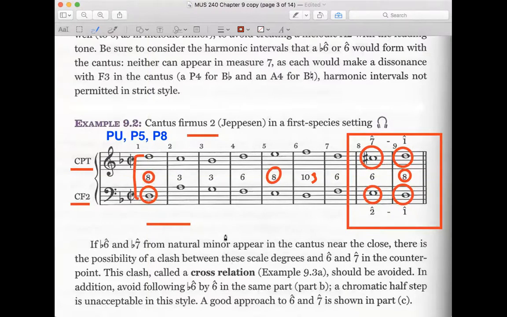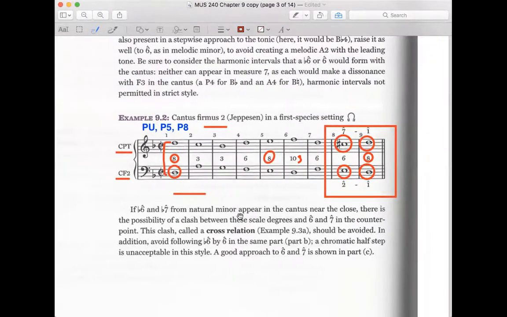And the reason for that is that it alerts you to the fact that these are sometimes problematic. We're going to see why pretty soon. But at first, just get into the habit of when you see a perfect unison, perfect fifth, perfect octave, I want you to circle it. Okay. Here I just circled these because I wanted to call attention to them.